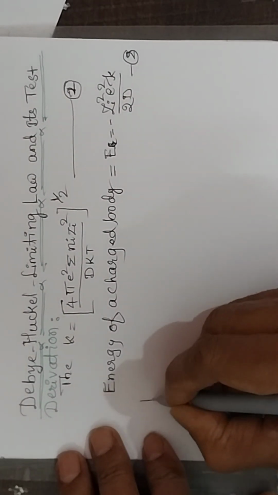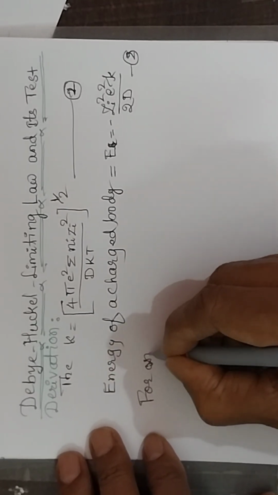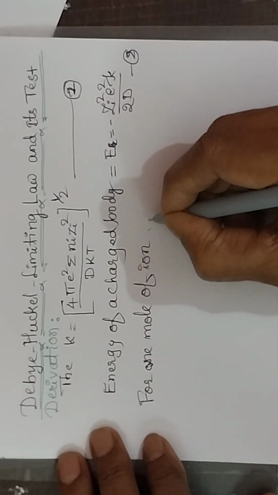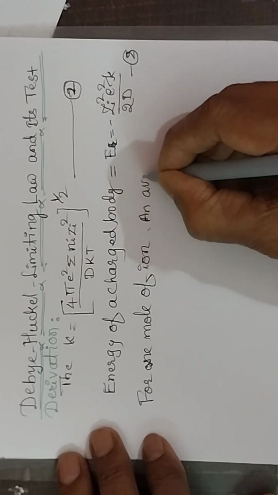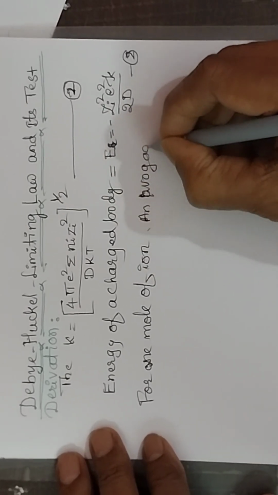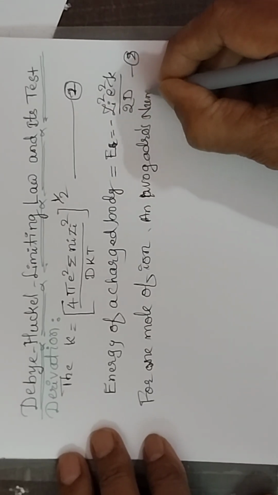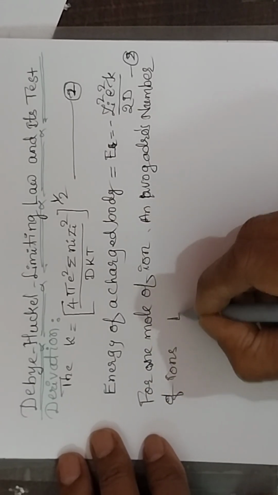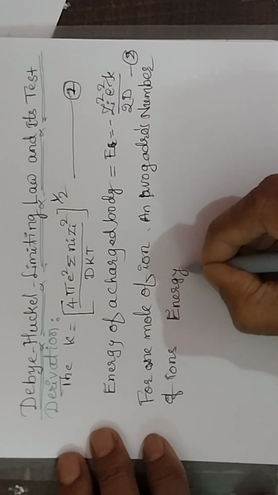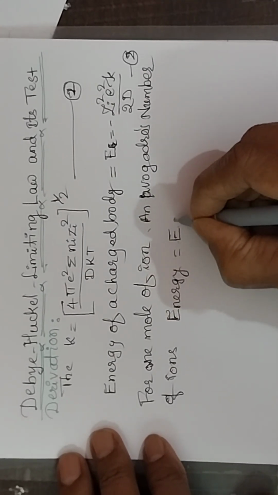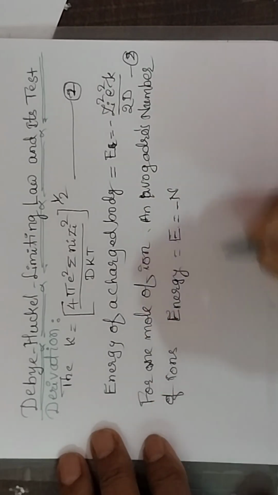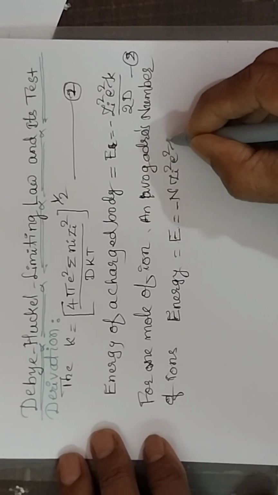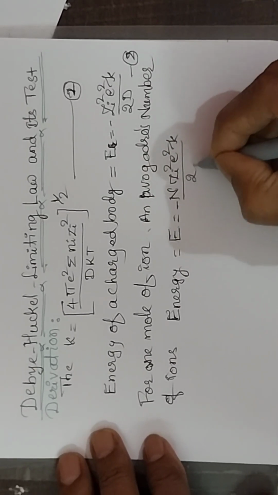For 1 mole of ions, that is an Avogadro's number of ions, the energy E is equal to minus N, just multiply it with N, Zi square e square kappa divided by 2D.